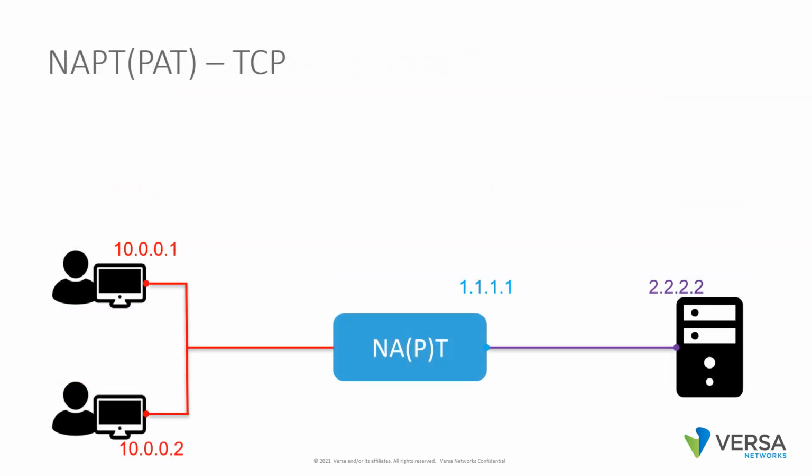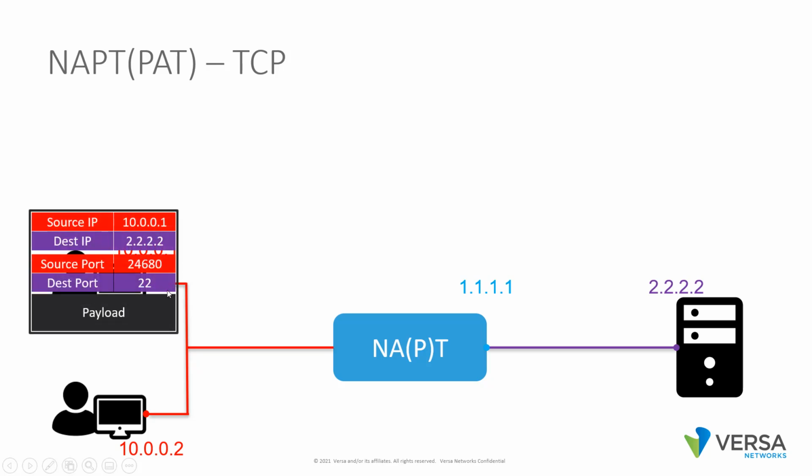Now let's review the port address translation, or network address port translation, use case with the TCP connection. In this case, we have multiple devices in the local network behind the network address port translation device. We have external IPs 1.1.1.1 and 2.2.2.2. The user with IP address 10.0.0.1 is trying to open an SSH connection to the server 2.2.2.2.